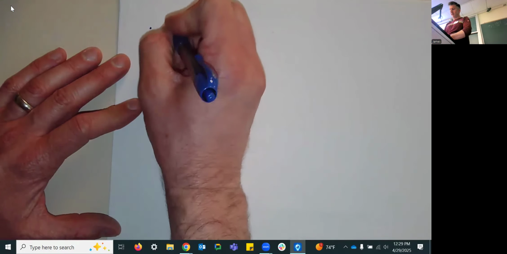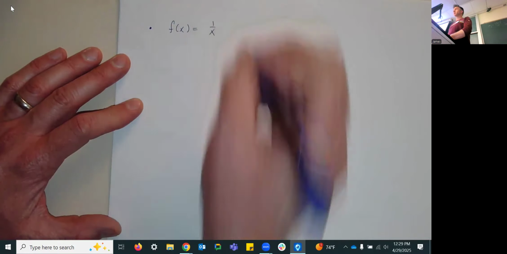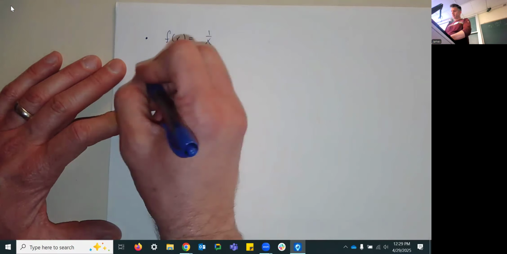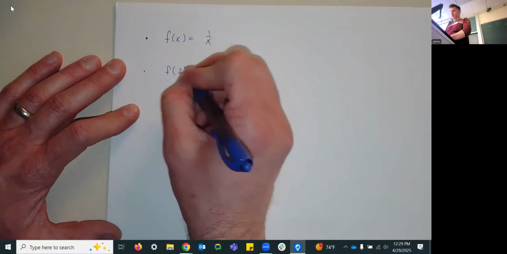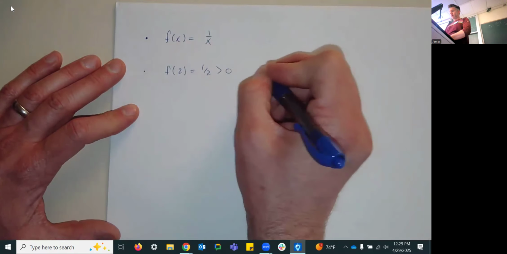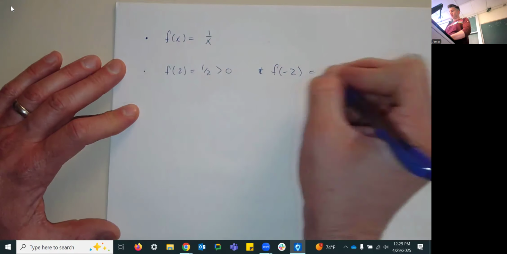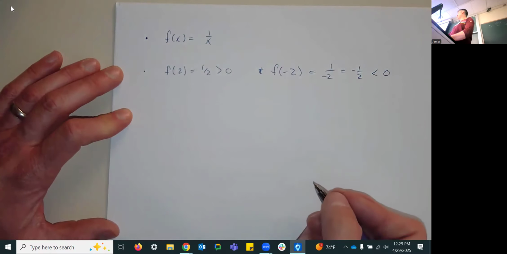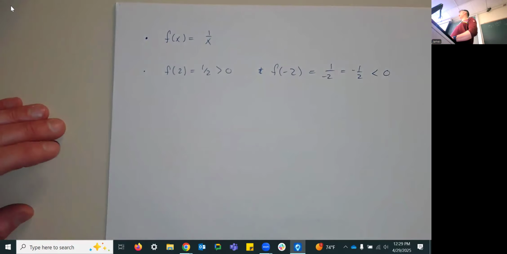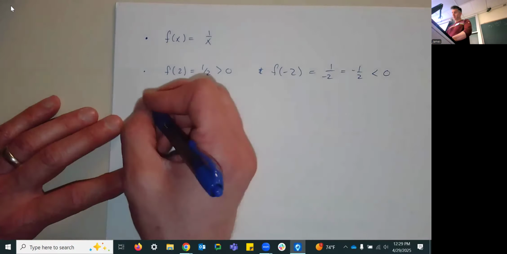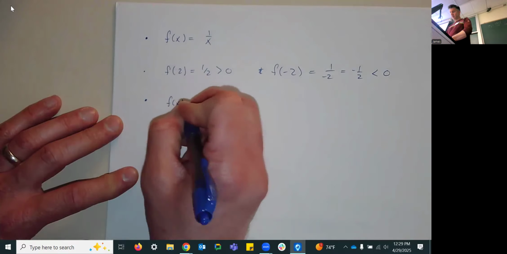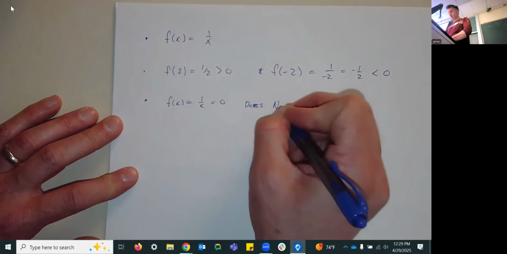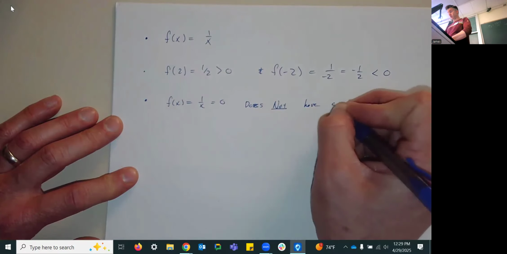If your function was f of x equal to 1 over x, f of 2 is 1/2, which is greater than 0, and f of -2 is 1 over -2, which is -1/2, which is less than 0. But I can't say that this has a solution equal to 0. I will observe f of x equal to 1 over x equal to 0 does not have any solution.